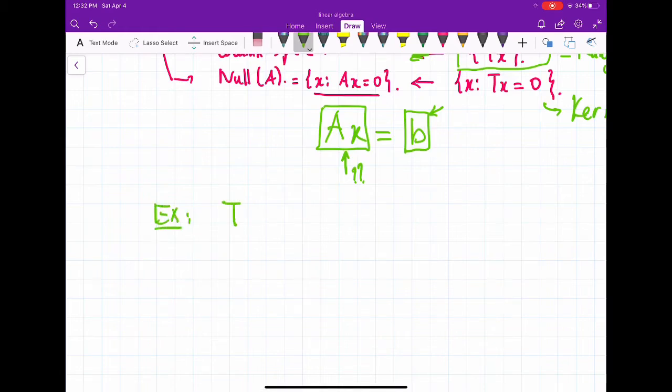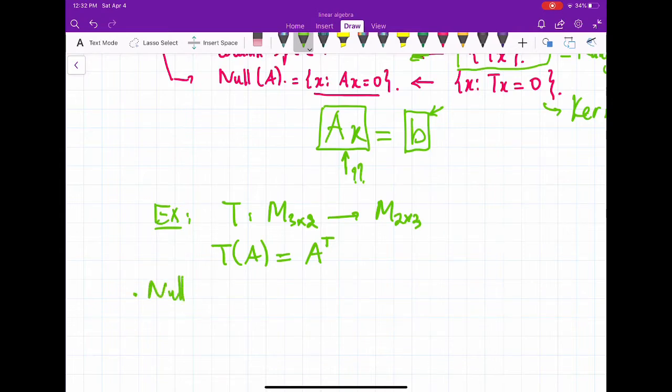You have a map T from the set of matrices of size 3 by 2 to 2 by 3, okay? Such that T(A) equal to A transpose. So what is the null space of this? What is the kernel of T?